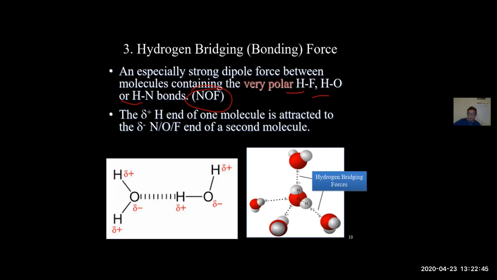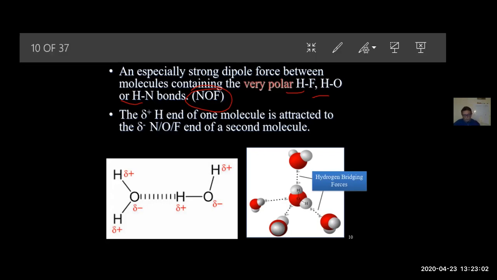And this bonding is very, very strong, okay? Water, for example, boils at 100 degrees Celsius at 1 atmosphere. That's a lot of energy to get it to boil, because it has to break up the interaction occurring between the molecules. Here it's a very strong hydrogen bridge, or hydrogen bond.